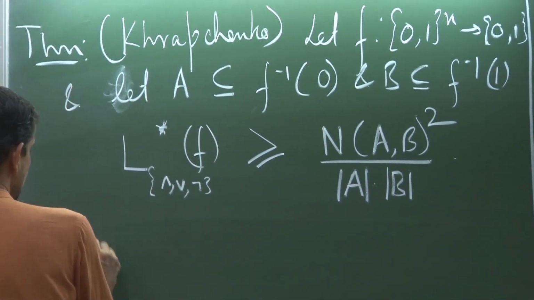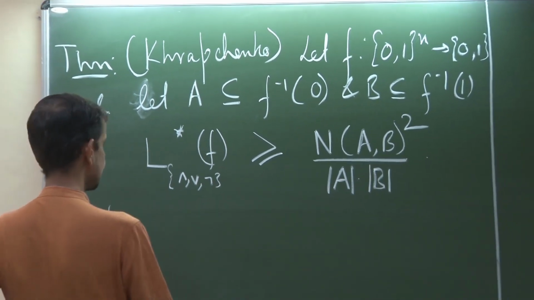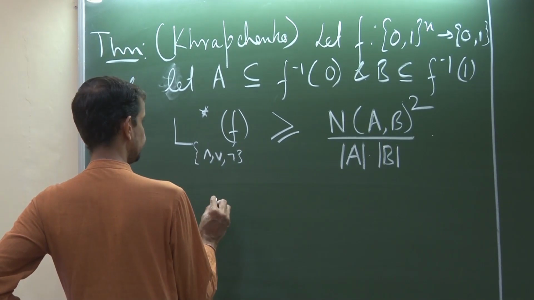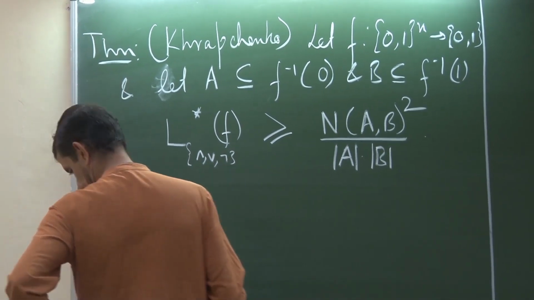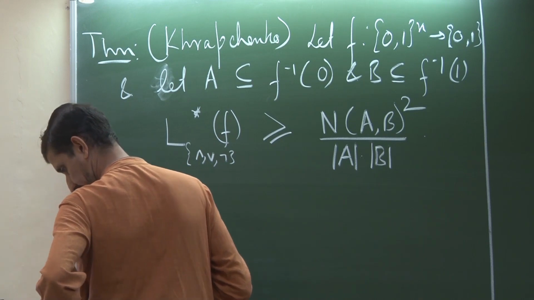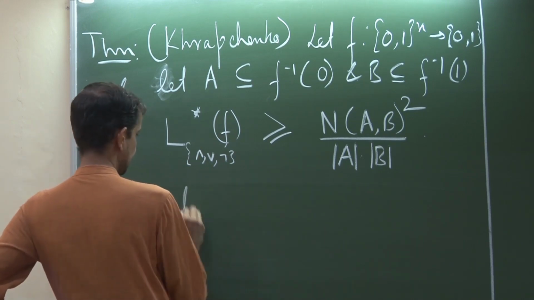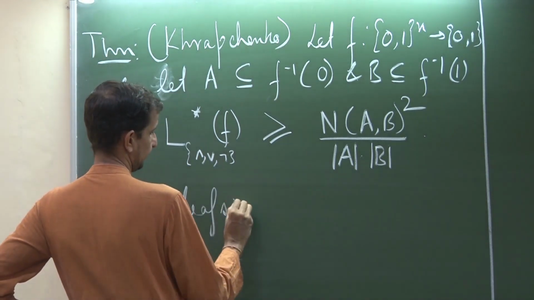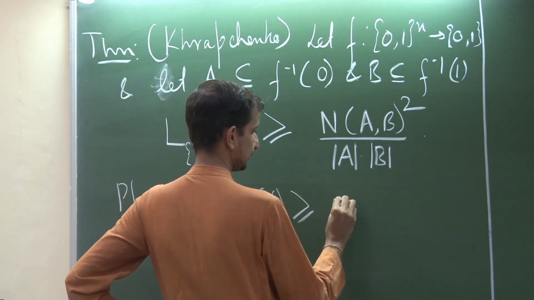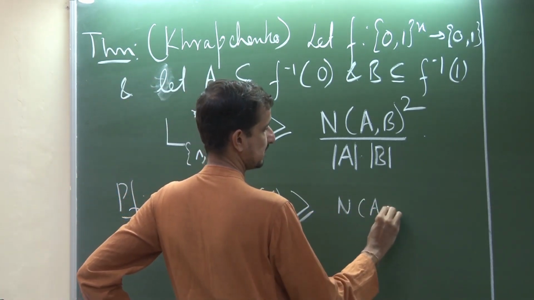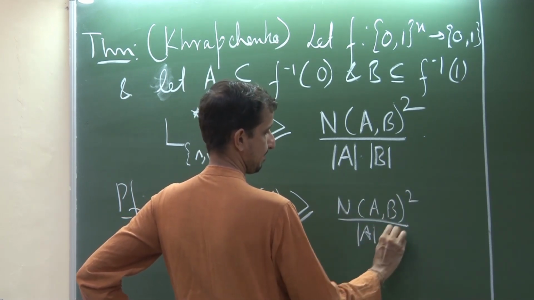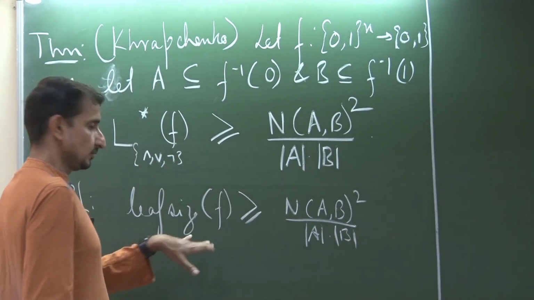What we will prove, as I said last time, is a statement about the leaf size. We will show that the leaf size of f is at least this quantity. So, what is leaf size?